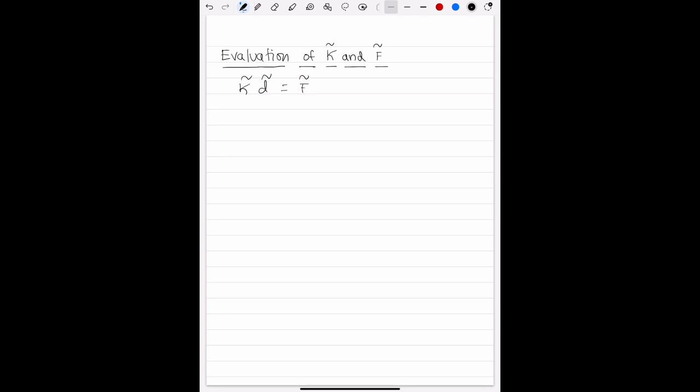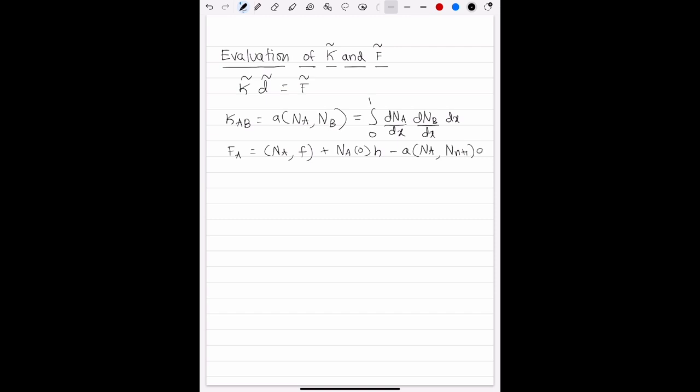So let's start by writing out what the stiffness matrix looks like. The stiffness matrix K_AB is given by a(N_A, N_B), where N_A and N_B are our basis functions, and this can further be written out as the integral over the domain from 0 to 1 of dN_A/dx multiplied by dN_B/dx, whereas the forcing vector F_A is given by (N_A, f) plus N_A(0) multiplied by h minus a(N_A, N_{n+1}) multiplied by g.